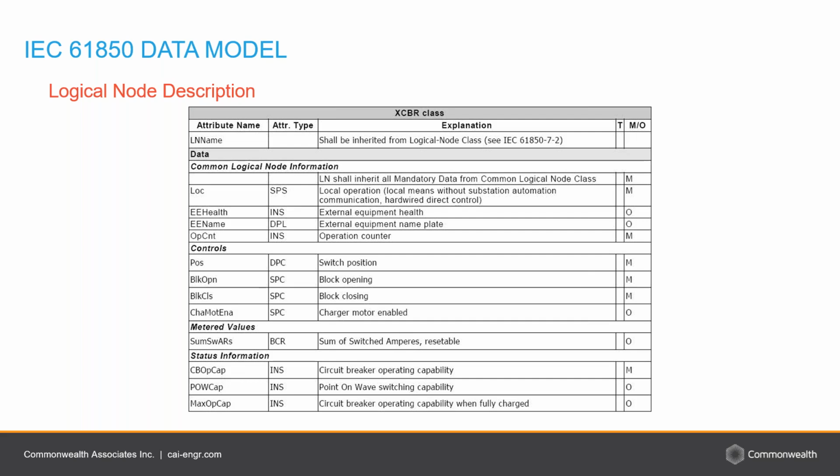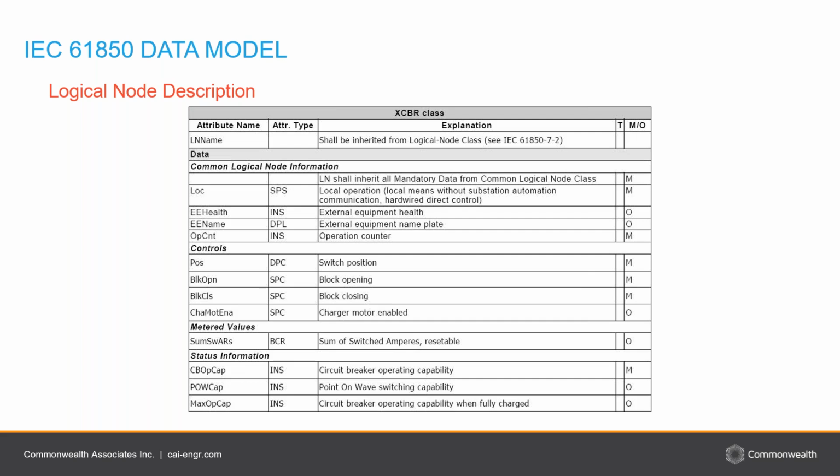So let's look into an example of what is contained inside the logical node or its description. The information in this table is for the XCBR logical node, or the switchgear logical node, which we have seen corresponds to circuit breaker modeling. You can see that this logical node is made up of multiple data points or data elements.